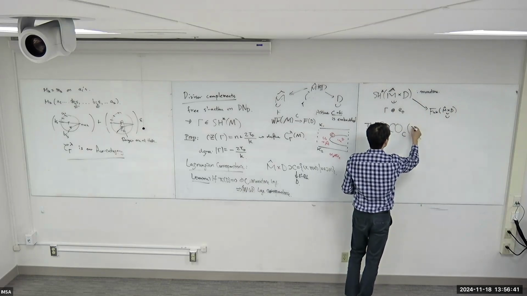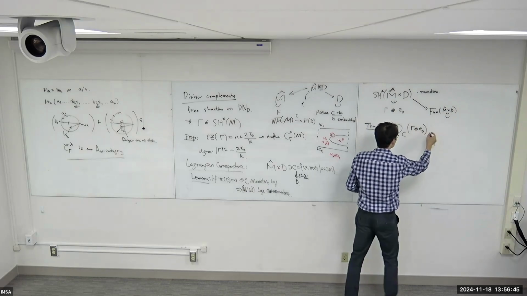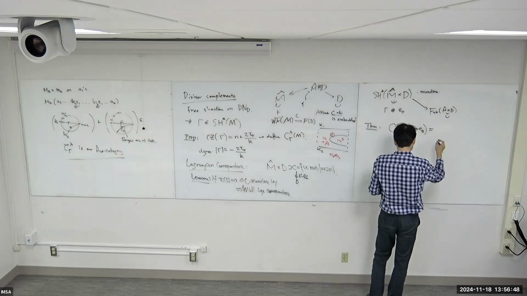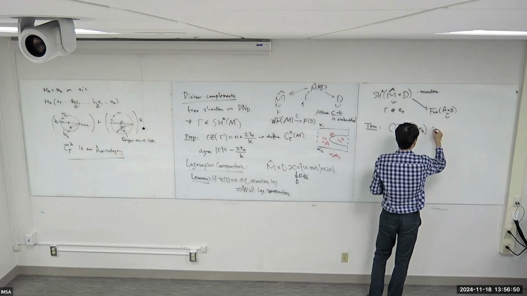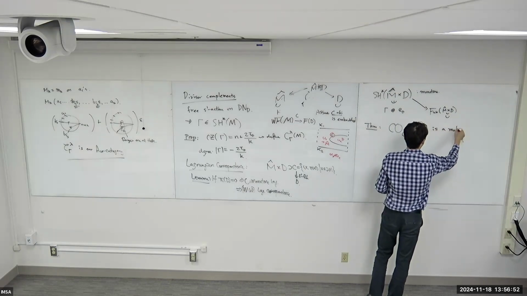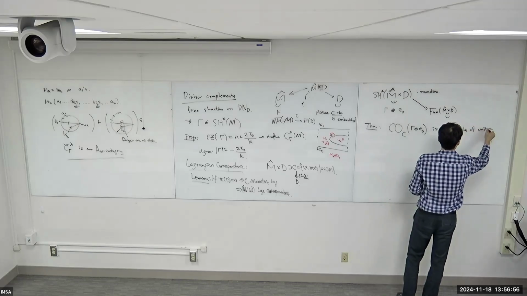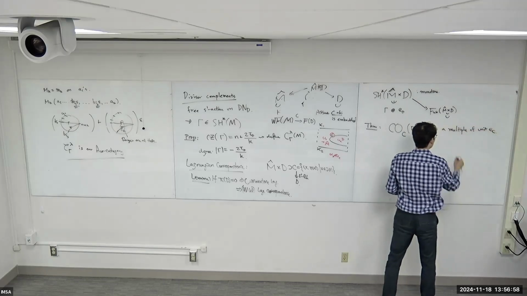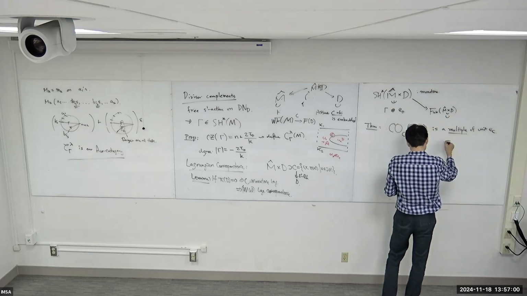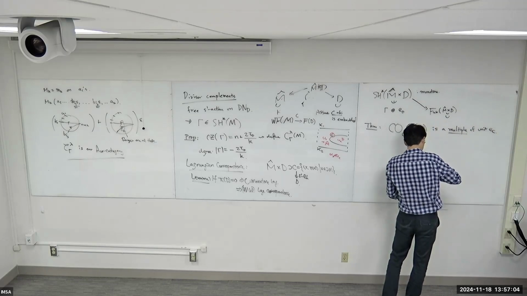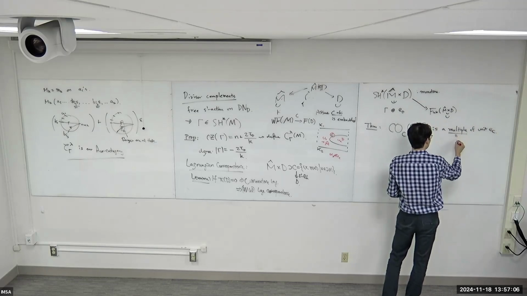So the closed open image of gamma tensor unit is a multiple of the unit e_C, and this multiple is denoted by sigma.